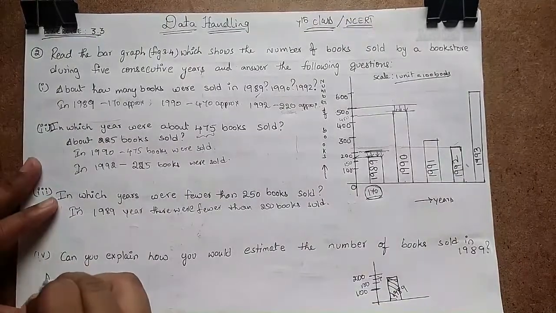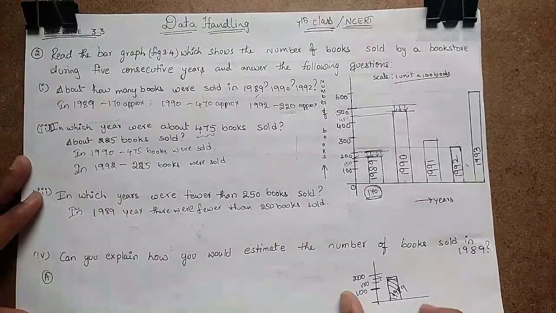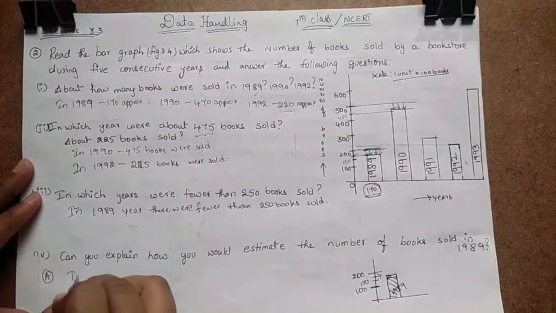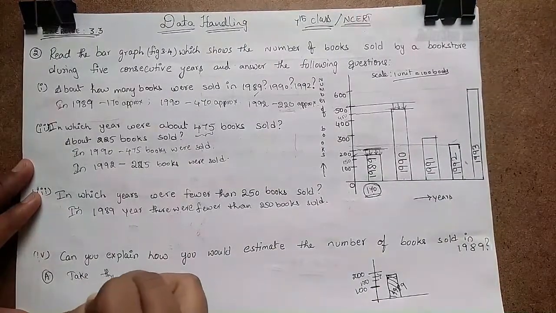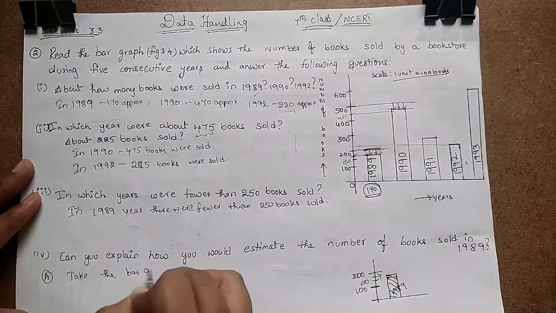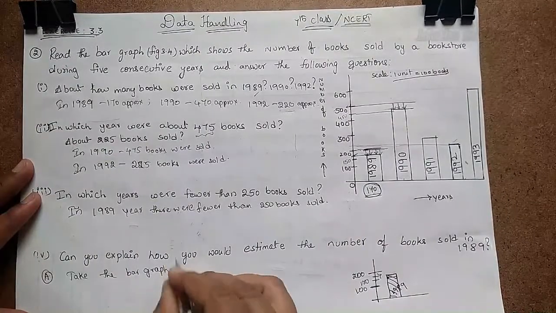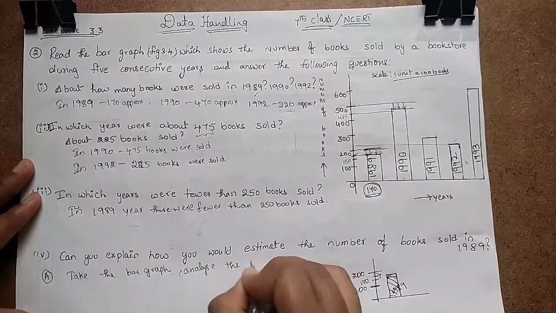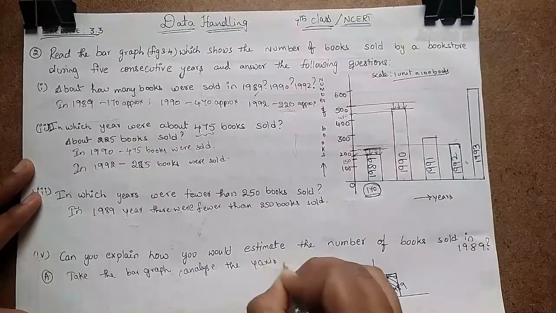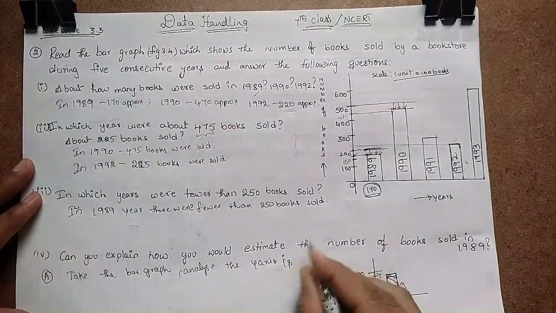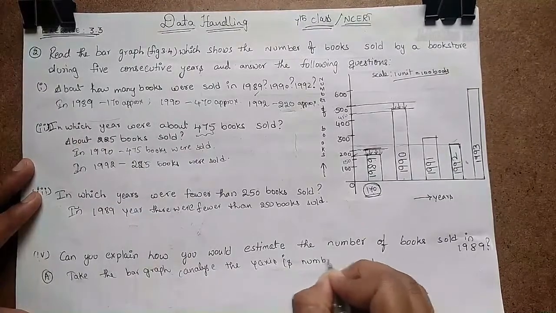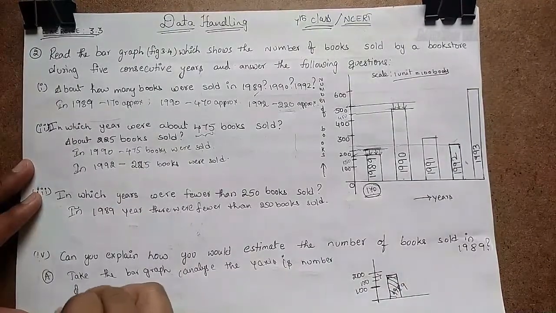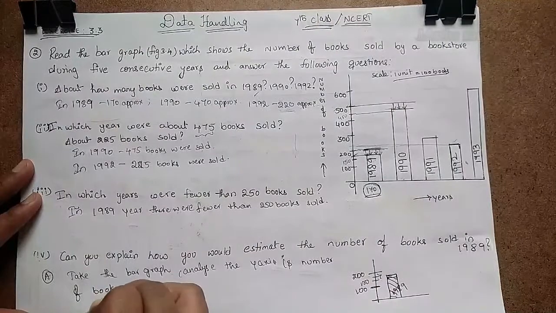So how can we express it? Take the bar graph and analyze the y-axis, which is the number of books.